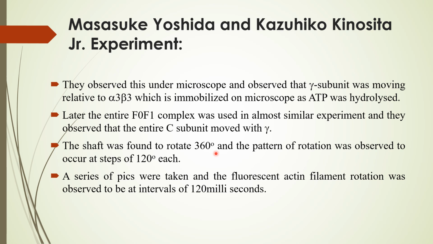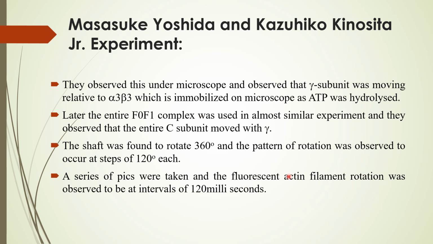So this 120 degrees jerk was happening at regular intervals of 120 milliseconds. So for every 120 milliseconds, say if this is the circle, from here it is moving like this, then like this, and again back.